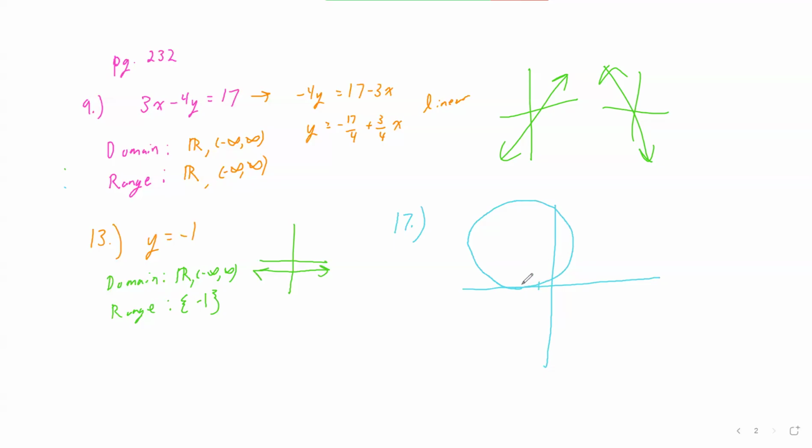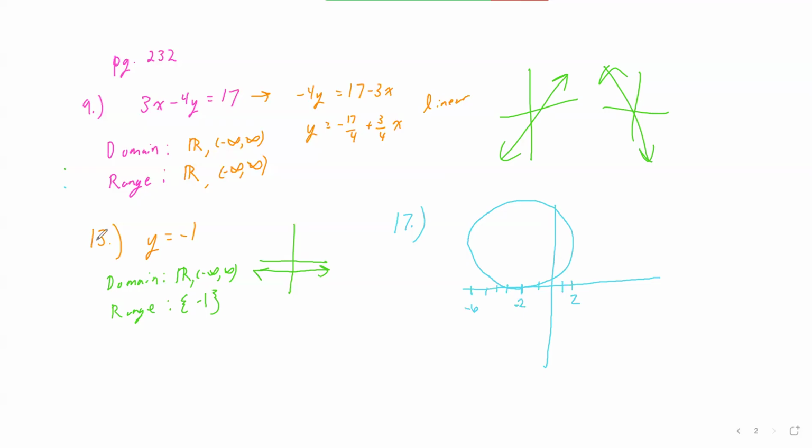So 1, 2, 3, 4, 5, 6, then negative 2, negative 3, negative 4, negative 5, negative 6. Oh, I just realized it was going by twos.